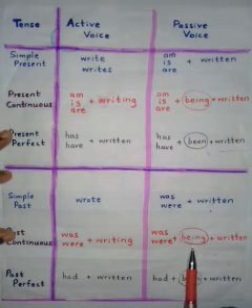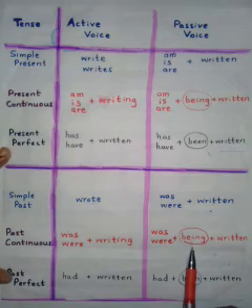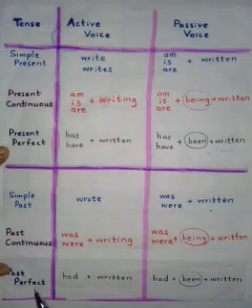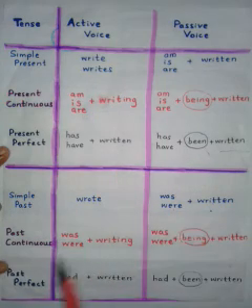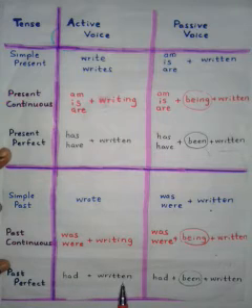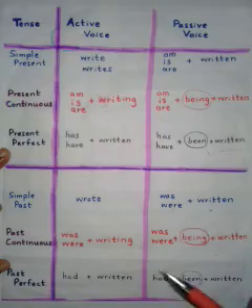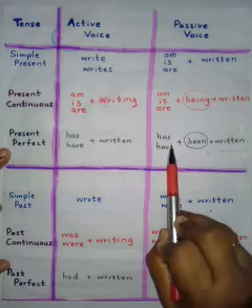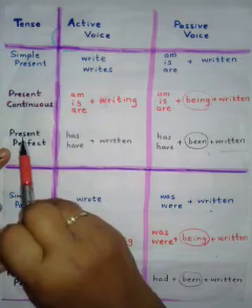Now, let's look at the last two tenses, present perfect and past perfect. For active voice, present perfect is has or have plus the past participle. For past perfect, it is had plus past participle. When forming the passive voice, we must use the same helping verbs to show the tense, to show the time.